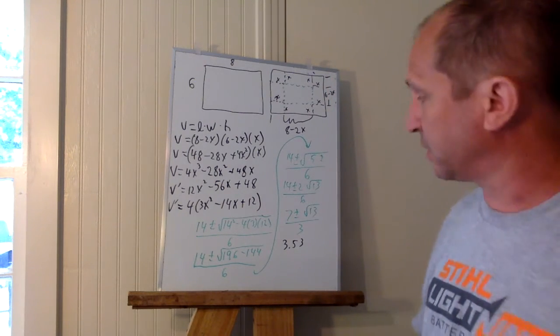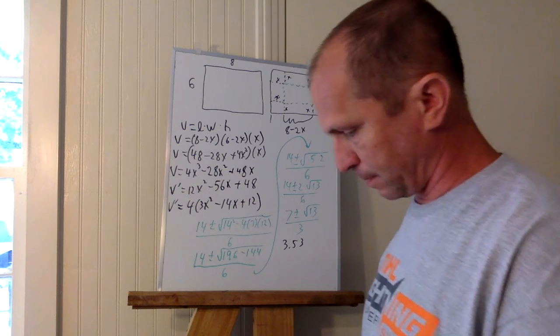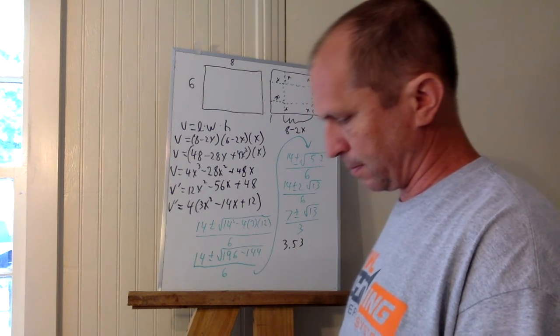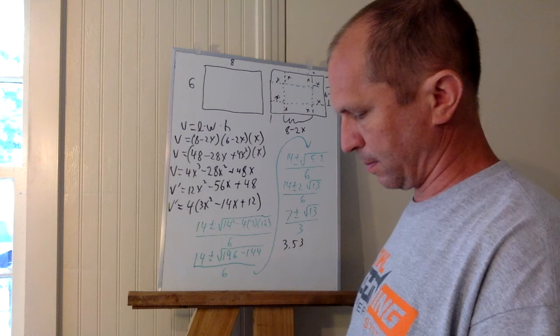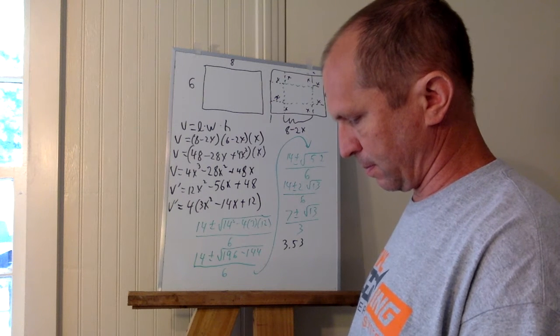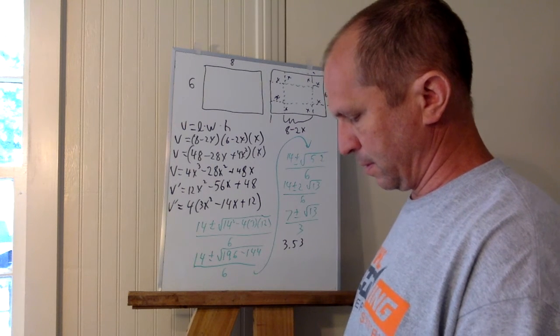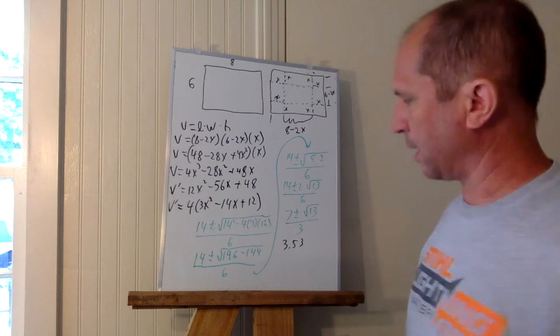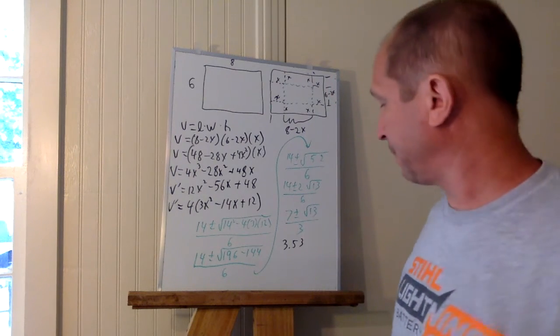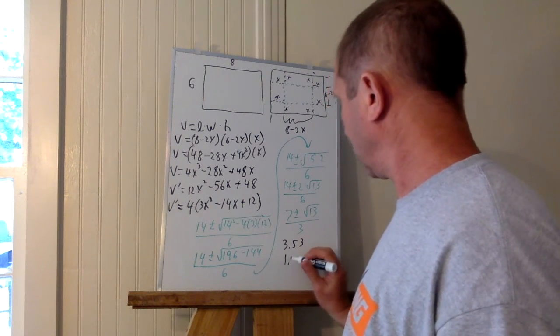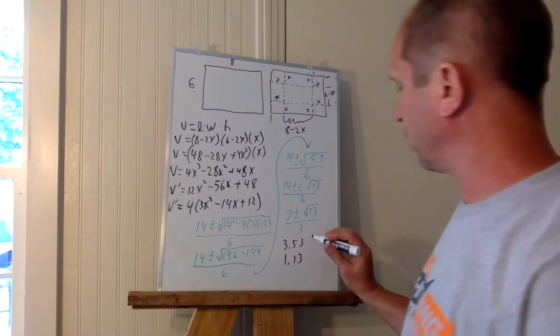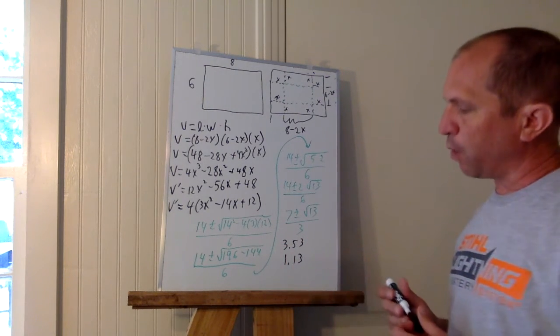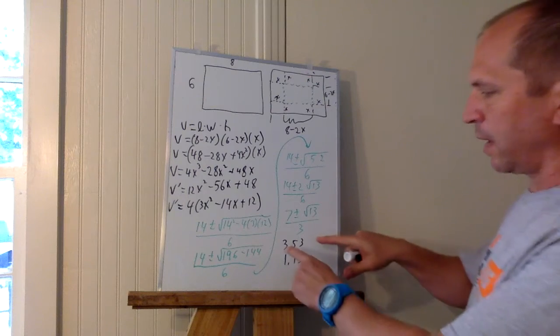All right, and then I do 7 minus the square root of 13 over 3, and I get 1.13. And you may think, well, the larger one would be better. But what happens when you cut the larger one out?